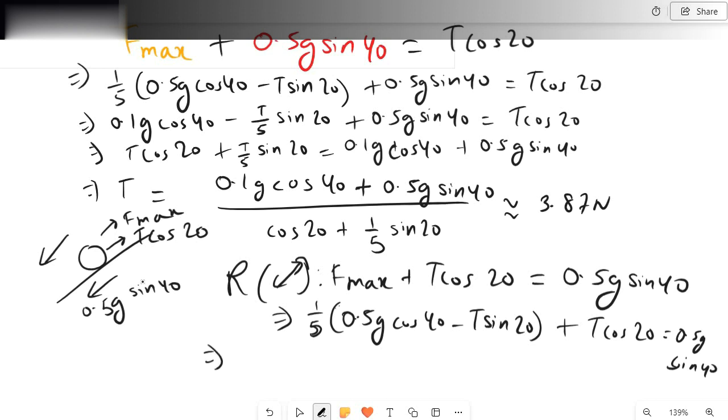So therefore we'll also get 0.1g cos 40 minus T/5 sin 20 plus T cos 20 is equal to 0.5g sin 40.